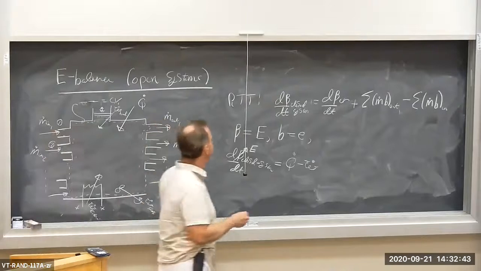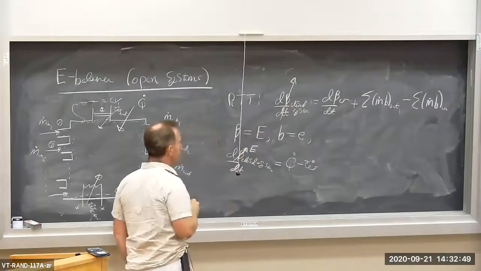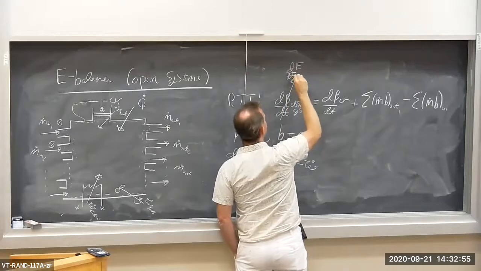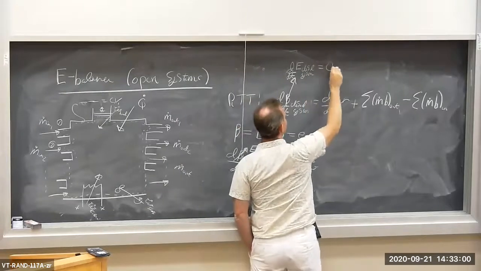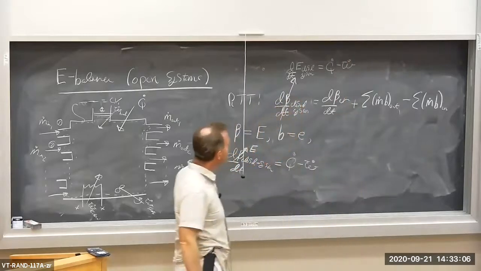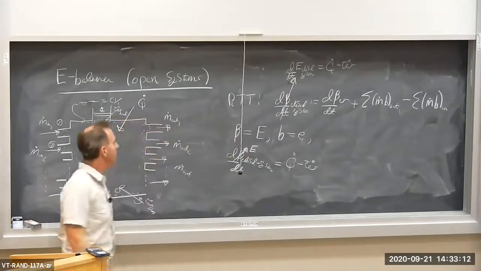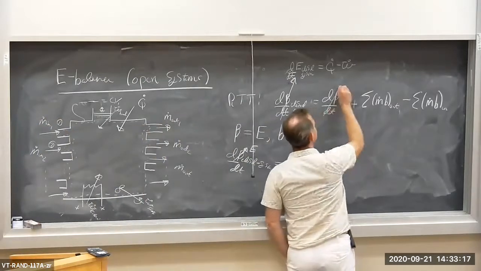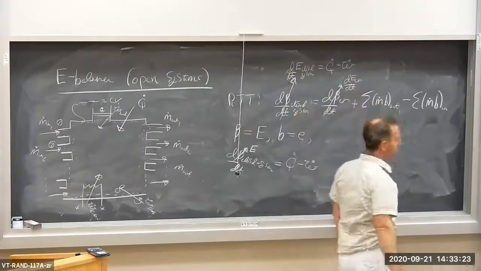Okay, so let's plug in. The change of beta within my closed system is really the time rate of change of total energy within my closed system, and that's equal to Q dot minus W dot. So that's my closed system energy balance right up here. Beta is energy, so this is the change in total energy within my control volume with respect to time.